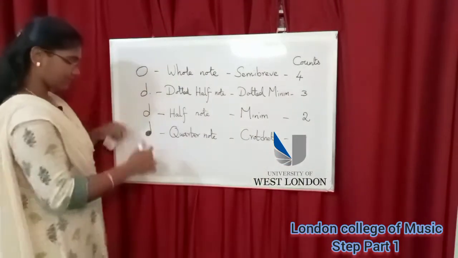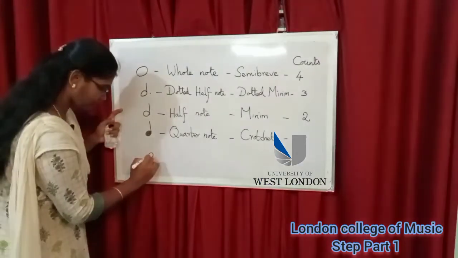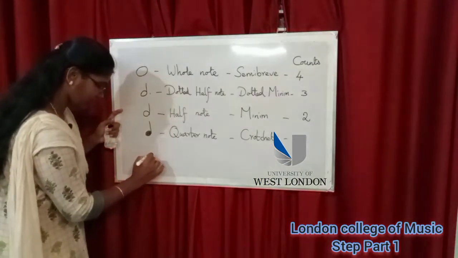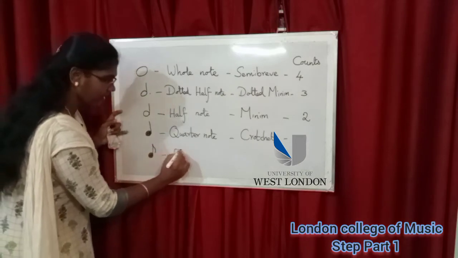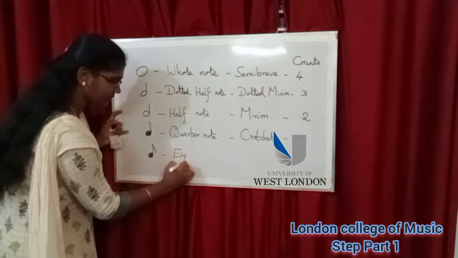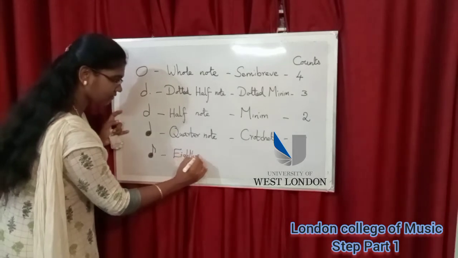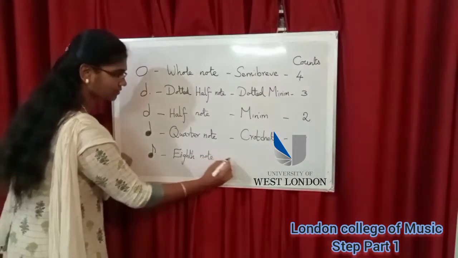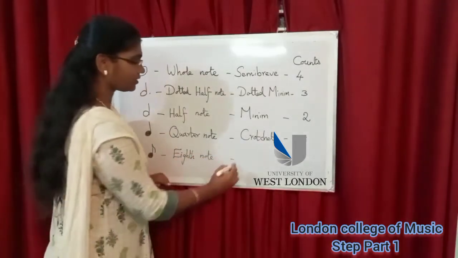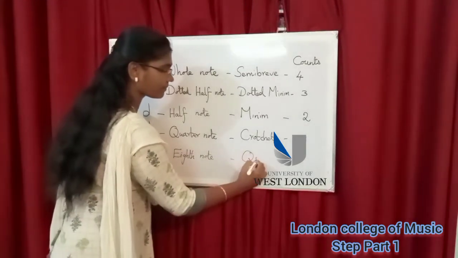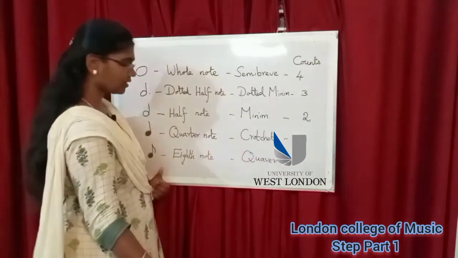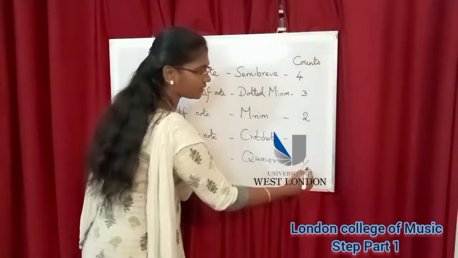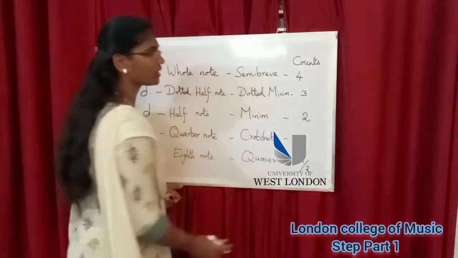And then the next note is the eighth note. Another name for the eighth note is quaver. How many counts for the quaver note? That is half a count.